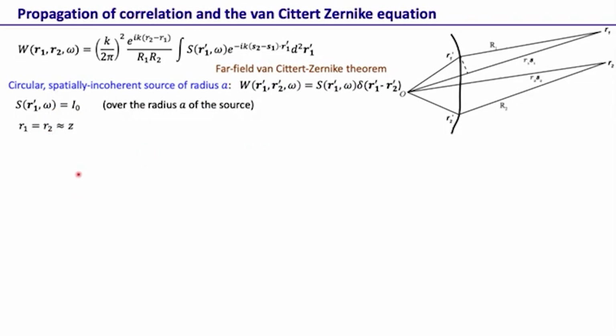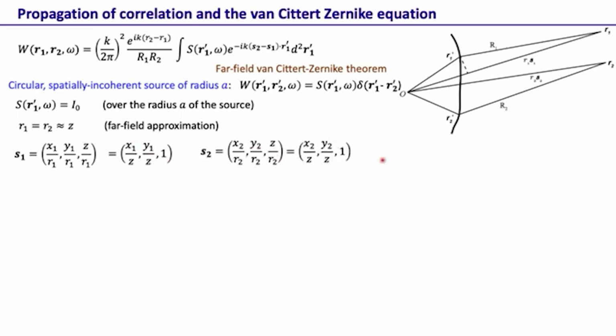So just by doing simple math, since we are taking again the far field, R1 R2 is just the far field approximation, and then we can show that this S1, that unit vector, is just x1 by R1, y1 by R1, z1 by R1, and since R1 is just z, we can write it as x1 by z, y1 by z, and 1. Similarly, for S2, the difference vector S2 minus S1 we can write as some omega cosine phi, omega cosine psi.